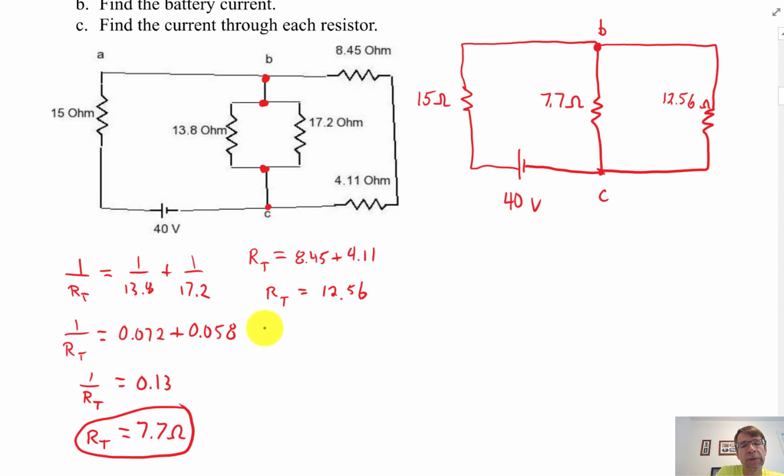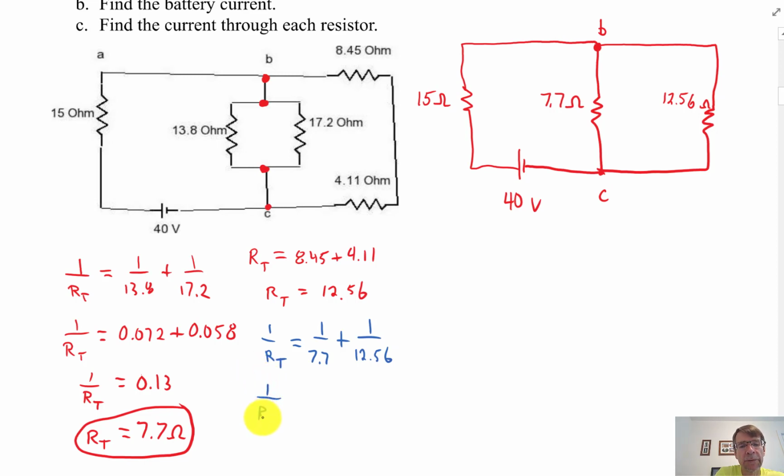So I'm going to come over here to the left, and I'm going to combine them. I'm going to do the same math. 1 over R total, once again, I'm using T as a generic letter here, equals 1 over 7.7 plus 1 over 12.56. You could have rounded that off to 12.6 or 13.